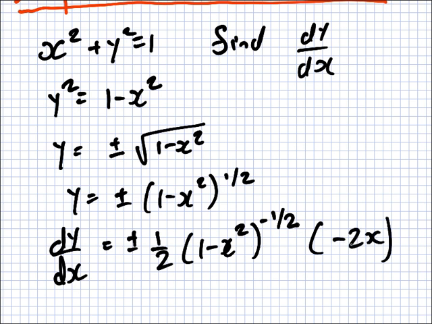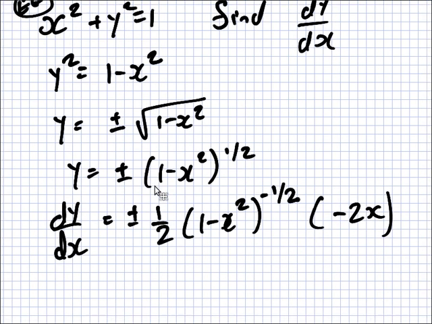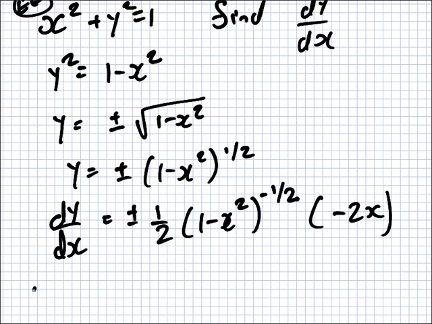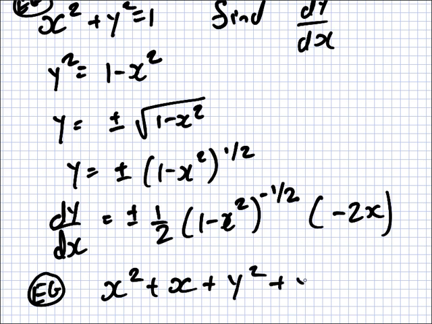Now, of course, that's a little bit difficult, and you realise if the problem is even just a little bit harder, it becomes nearly impossible to do. So, for example, if I said to you something like x squared plus x plus y squared plus y plus 1 equals 0, it is very, very difficult to make y the subject here.